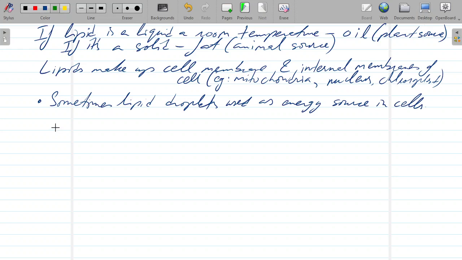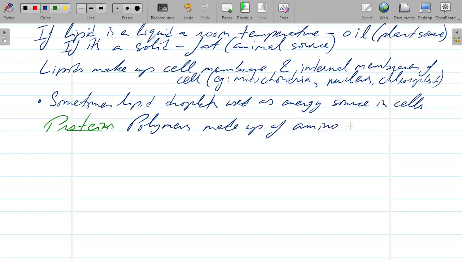All right, next up we have proteins. And these guys are polymers made up of amino acid monomers.